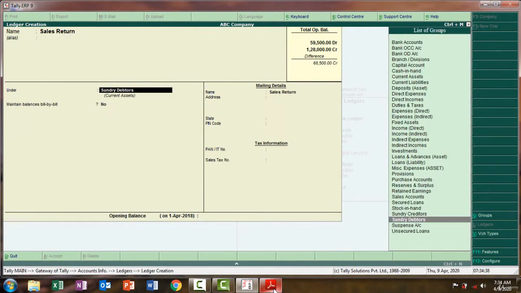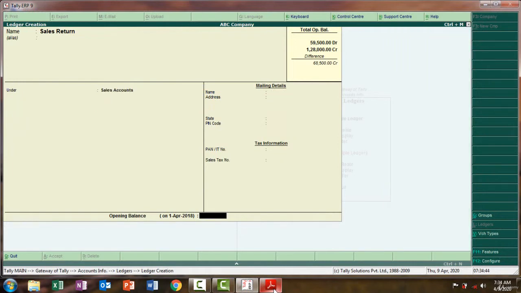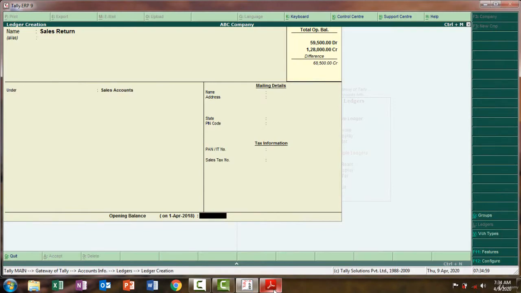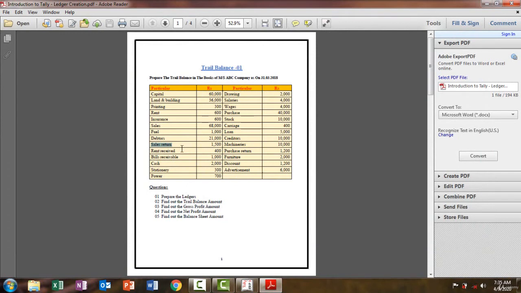Then we select the sales account, but it is not income, it is a decrease from our sales, so it is debit. Sales is credit, but sales return is always debit. The amount is 1500. Credit is coming, but we have to type debit. Then accept.